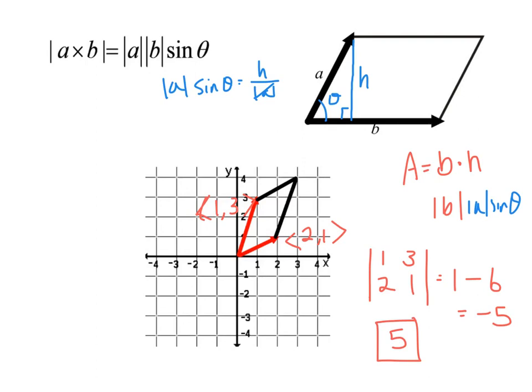If you want to think about it from a Pythagorean theorem standpoint, you could think that I took negative 5 and I squared it, and I took the square root. So this is a way we can use the cross product to help us with some geometry. And this is the geometric interpretation of the cross product. It's dealing with the sine of the angle, so it helps us with this parallelogram. However, I would like to see how this works in 3 dimensions and really how it can help us there. That'll be in the next video.